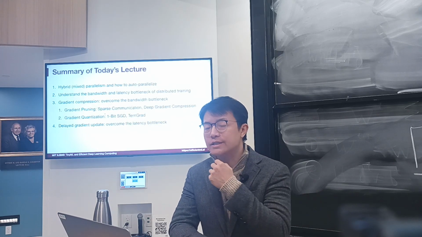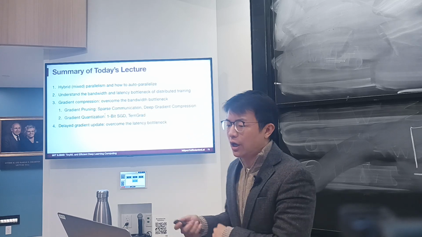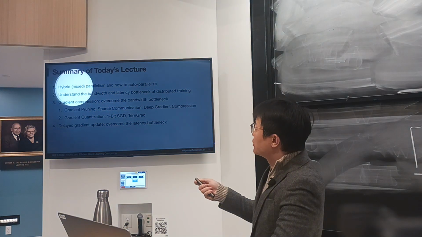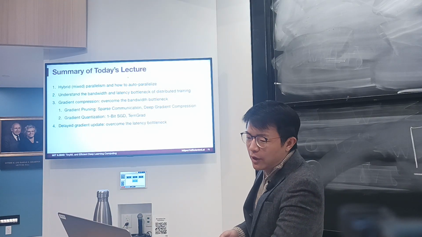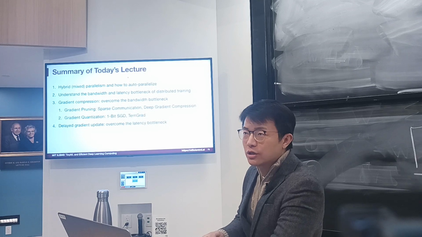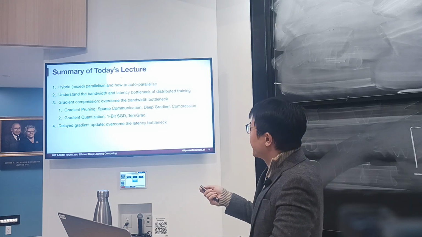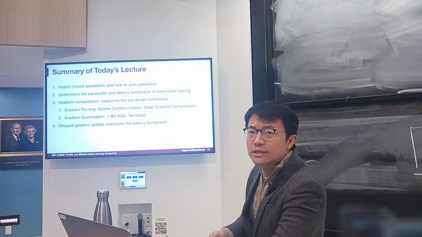All right, so here is a summary of today's lecture. We first talked about mixed hybrid parallelism and how to auto-parallelize, 2D parallelism, 3D parallelism, and then we are faced with 2 challenges. One is the bandwidth challenge, the other is the latency challenge.